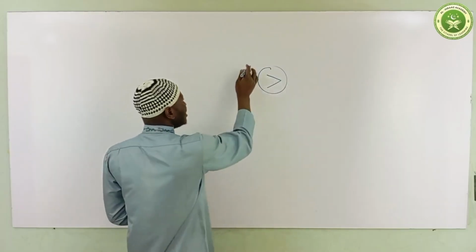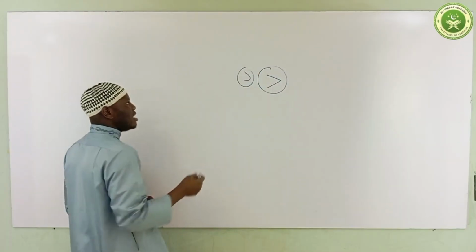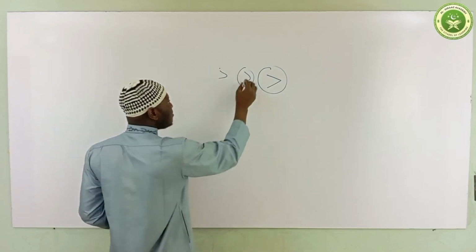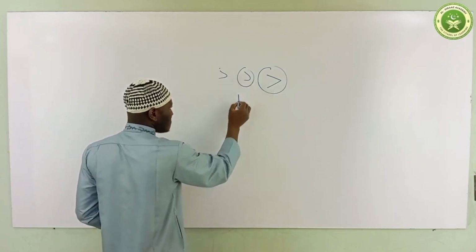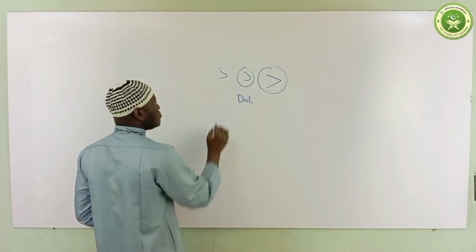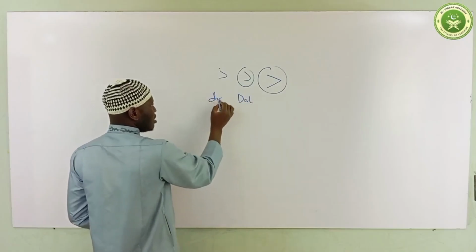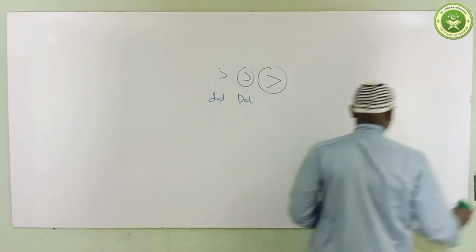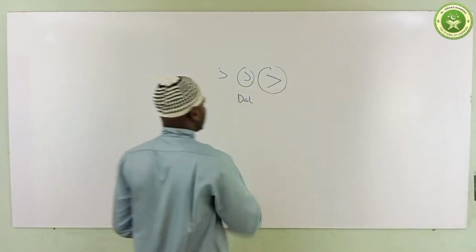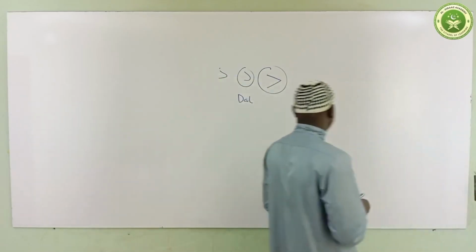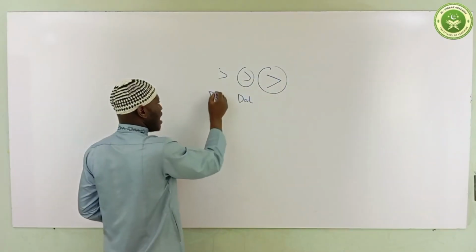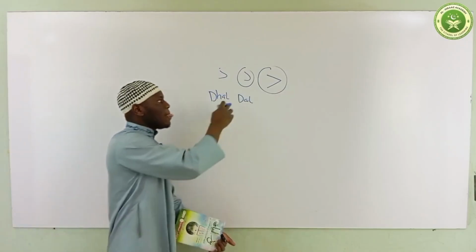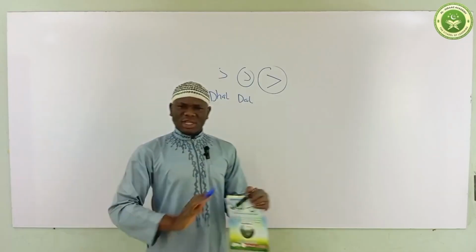The one called Dal is like this, and the one called Dhal has 1 dot above it. So we have Dal and we have Dhal.